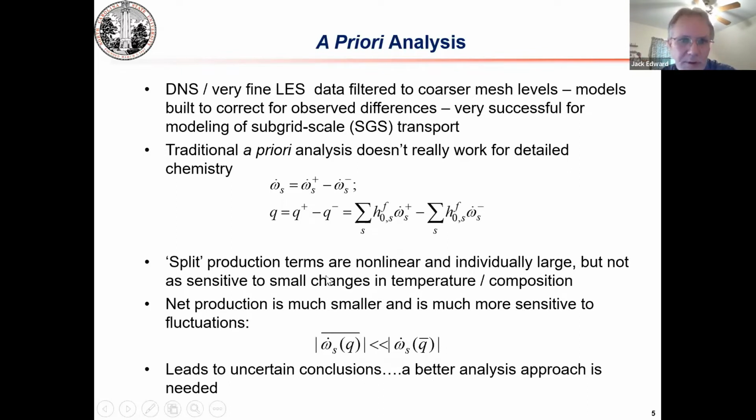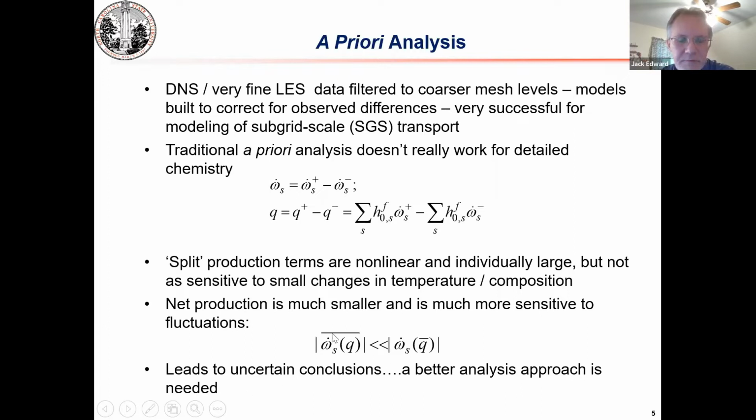So you can determine the sensitivities of these positive and negative reaction rates to compositions and temperature, and you can quantify that, but you cannot really, from that, determine the effect on the balance very easily. So the bottom line is that the net production is much smaller. It's the difference of two very large terms, and it's much more going to be sensitive to fluctuations.